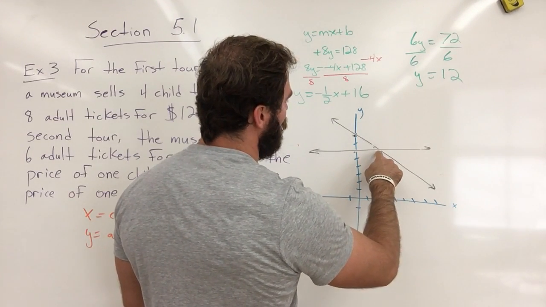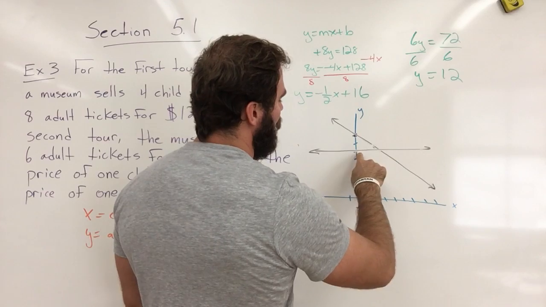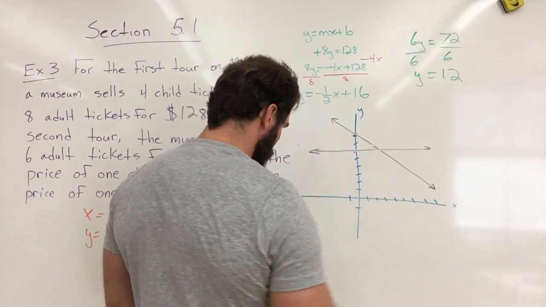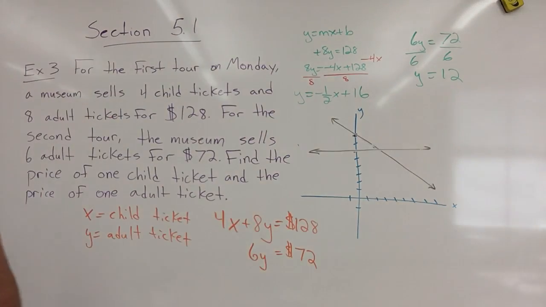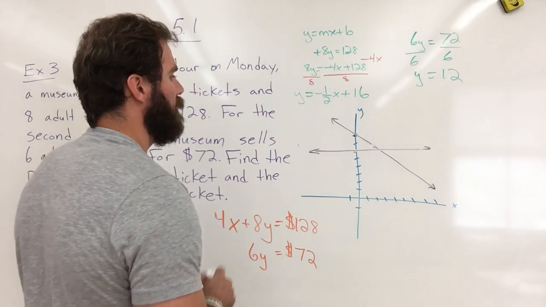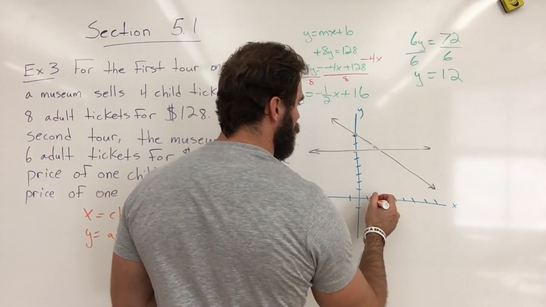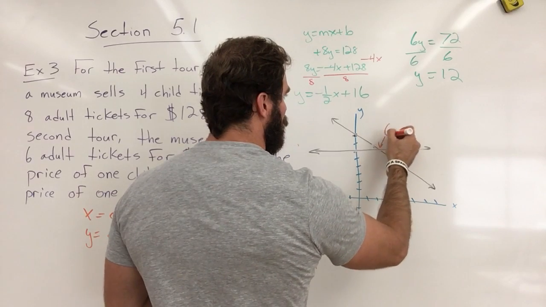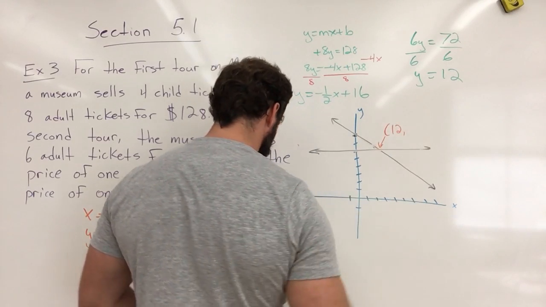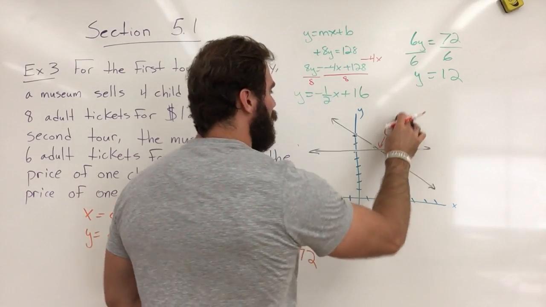Okay, so 1 to the 3, and it's at the 2, 4, 6, 8, 10, 12. So it's at 12, 3. Not 12, 3. 3, 12.